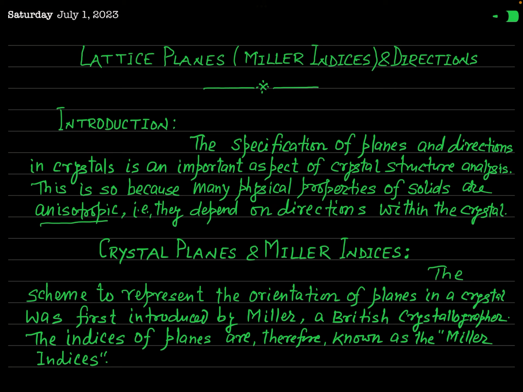For example, if you want to know what will be the direction of the normal to a crystal plane, how can we determine it? If your aim is to know what is the direction of an edge of a crystal plane, how can we determine it?